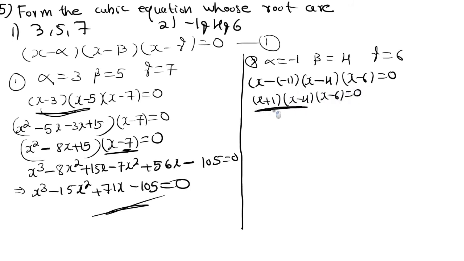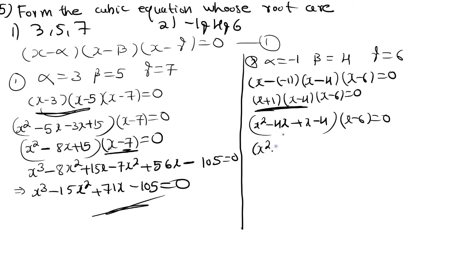Multiply these two first. x into x is x square, x into minus 4 is minus 4x, then 1 into x is plus x, 1 into minus 4 is minus 4, into x minus 6 equal to 0. First simplify this one.